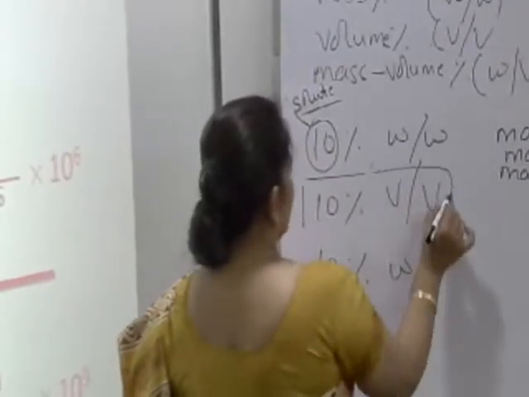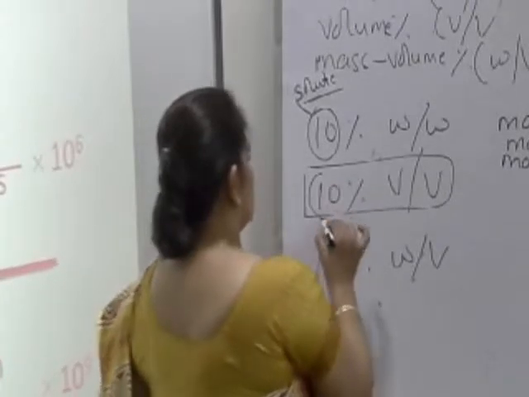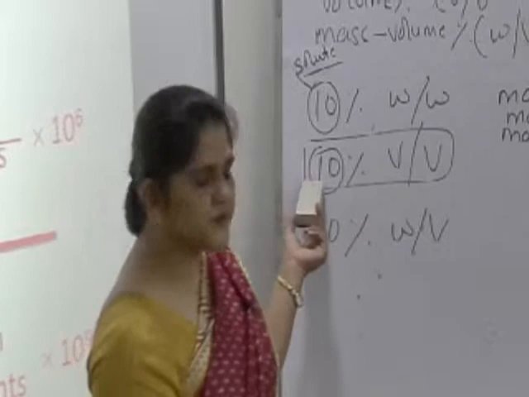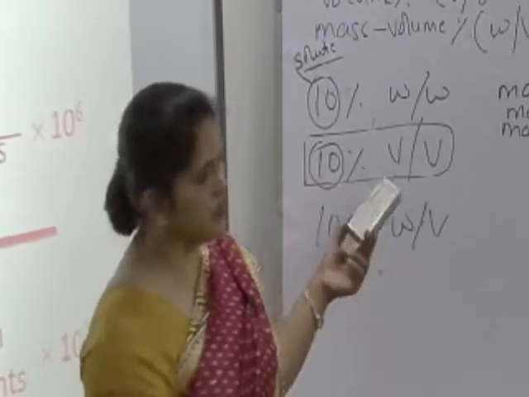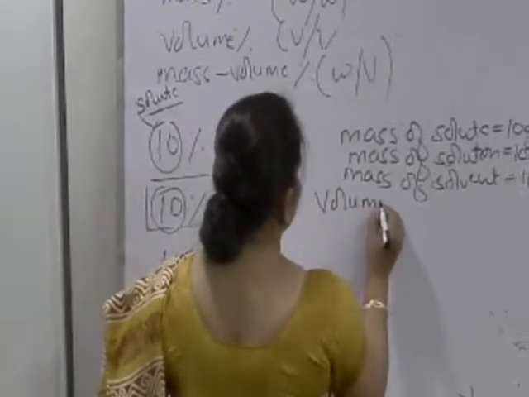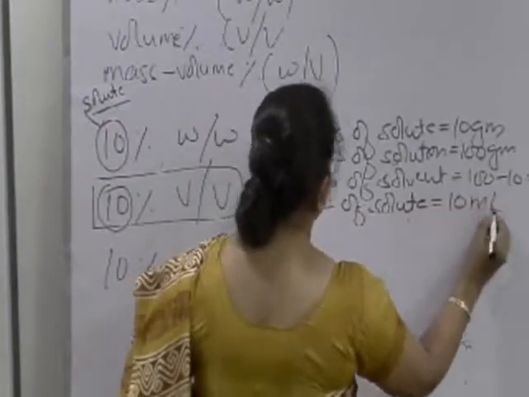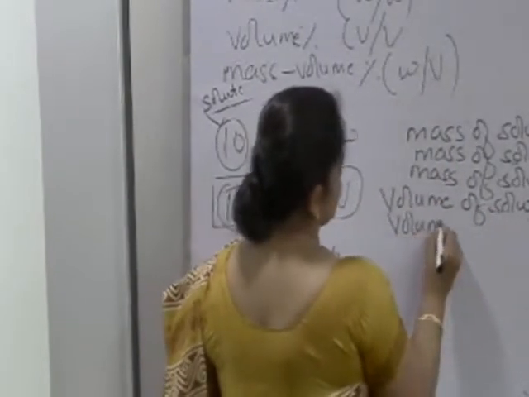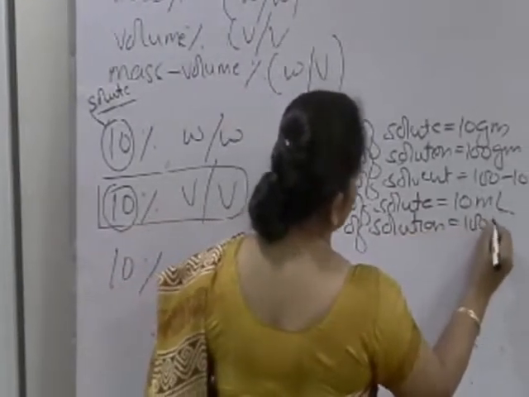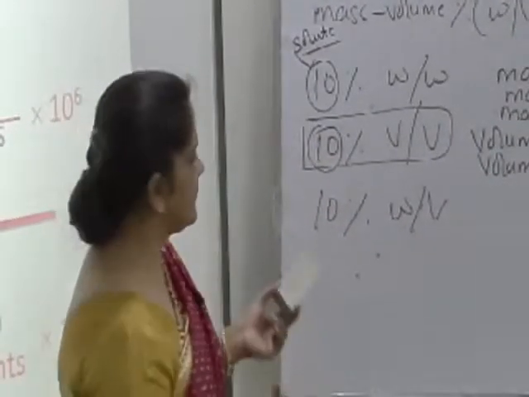If I say 10% by volume, that means you are talking about the volume of solute present in 100 ml of a solution. So this can be interpreted as volume of solute 10 ml, volume of solution 100 ml, and subtract to get the value of the volume of your solvent.